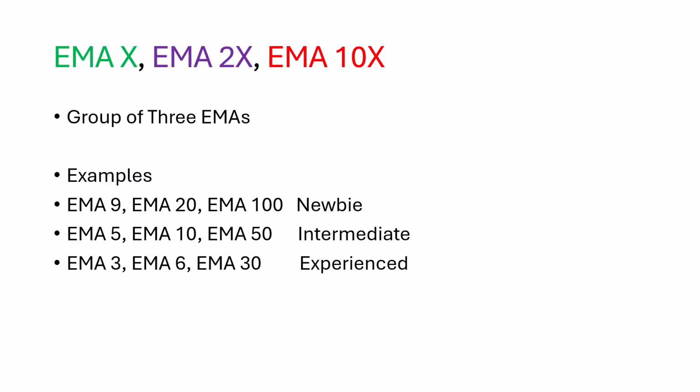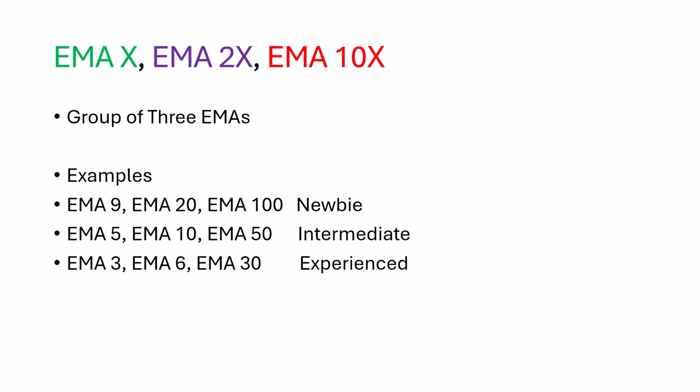This is a simple one. Here we take the same indicator, but we will have three different parameters. So EMA, let's say like EMA X, 2X and 10X. If you are new to trading, you can always go with EMA 9, EMA 20 and EMA 100.